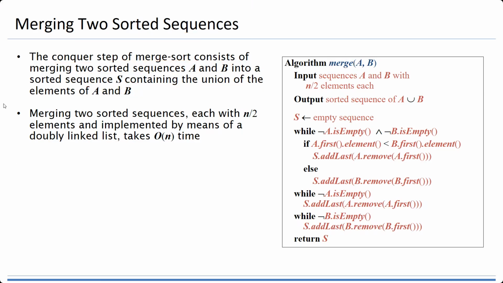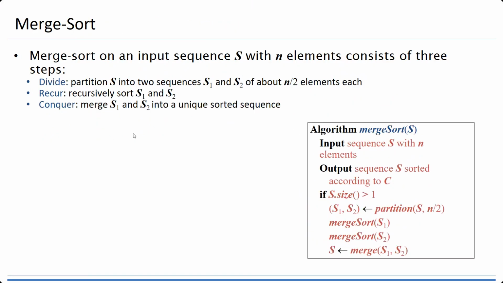If you look at the previous one, the merge sort is recursive. But we need to have another algorithm to merge S1 and S2. So what is the merge?